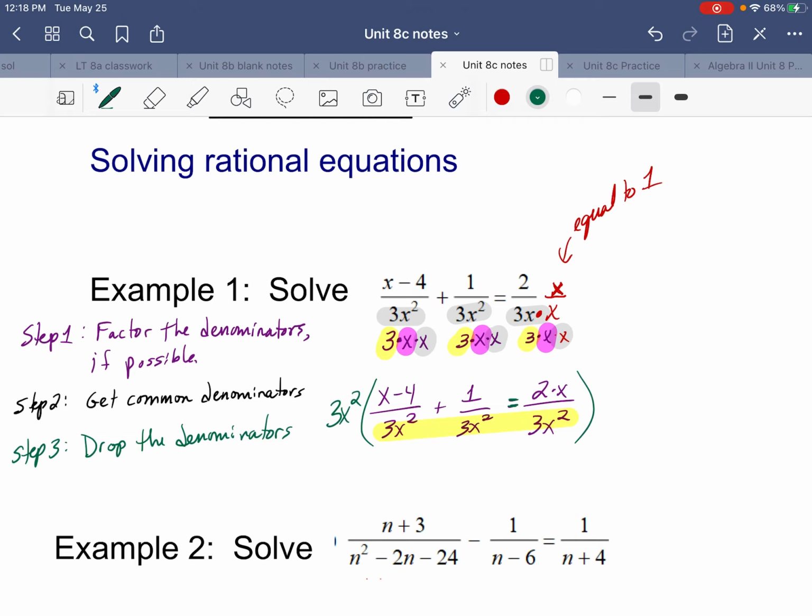In this case, we multiply every term by 3x squared. I'm going to distribute this 3x squared to every term.